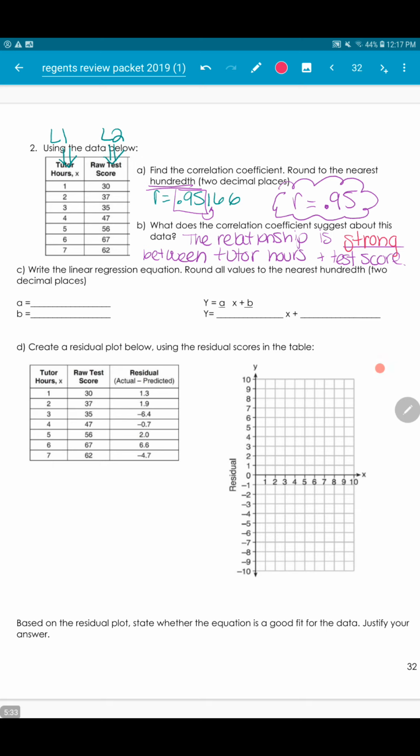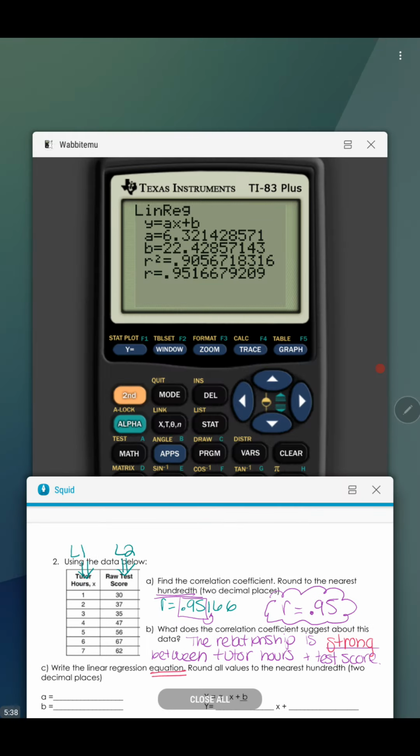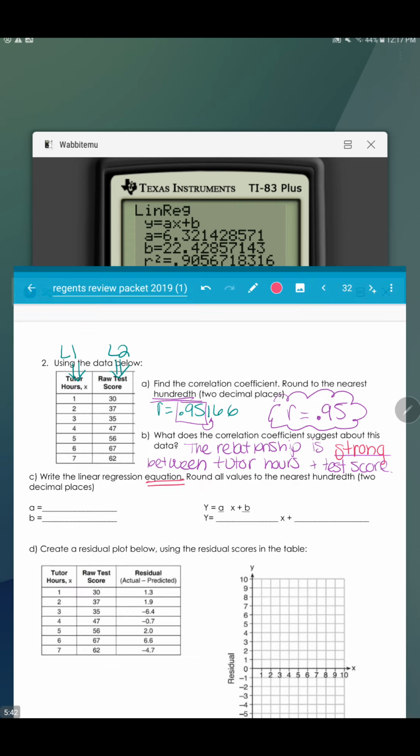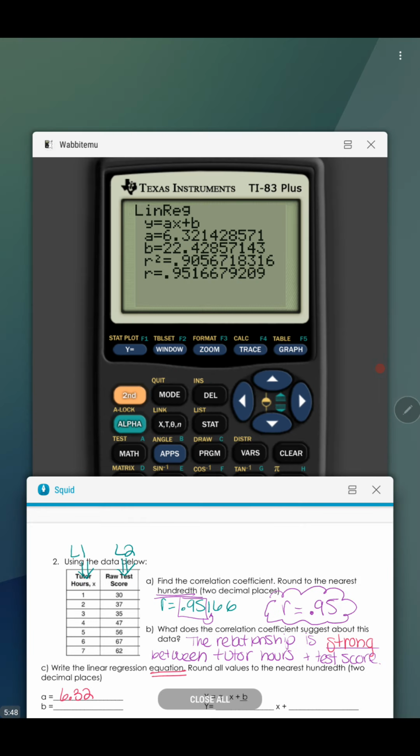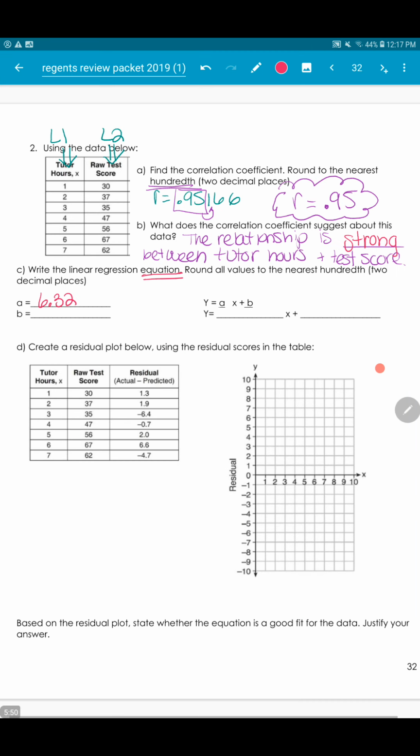Okay. Now it wants me to write the linear equation. I also have that information from my calculator. So A was 6.32. And B was 22.428.